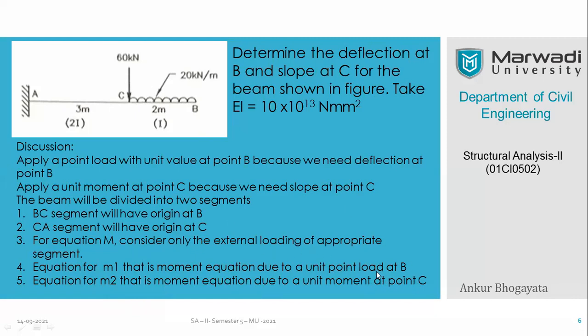So you can see that where we require deflection at point B, we have to apply a unit load, and at the point where you require slope, you should apply a unit moment itself. All right, so I think we are clear on this point, and let's go ahead.